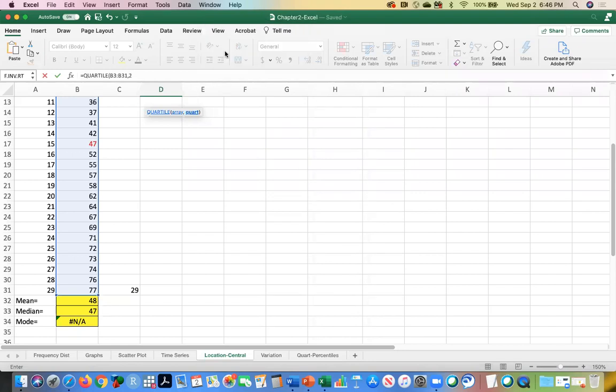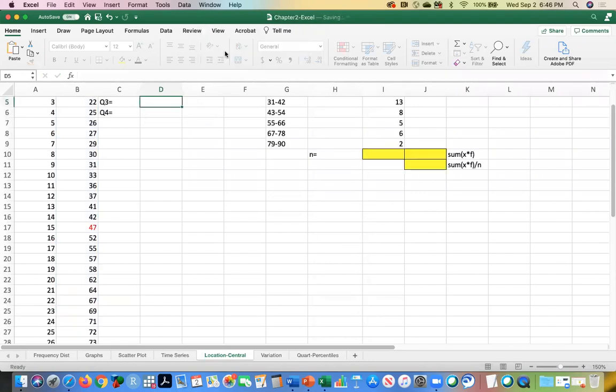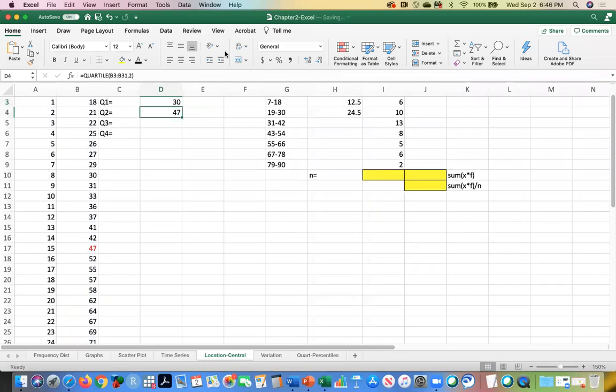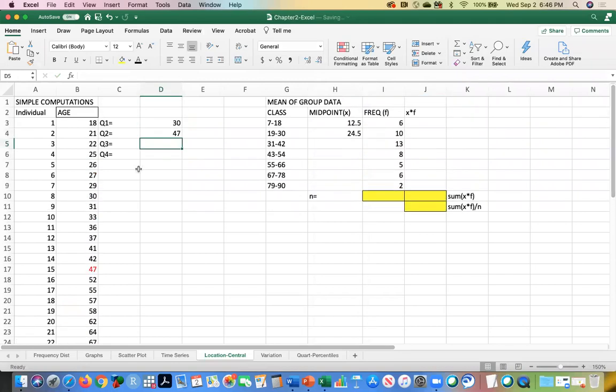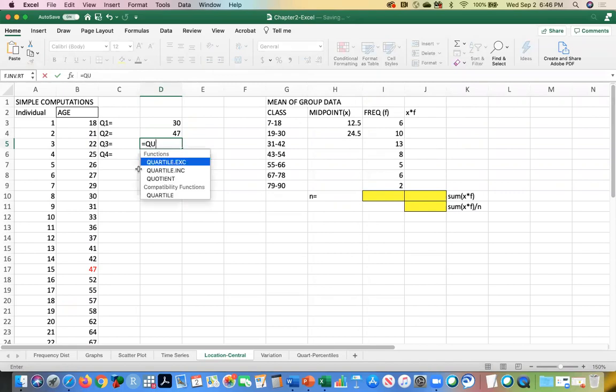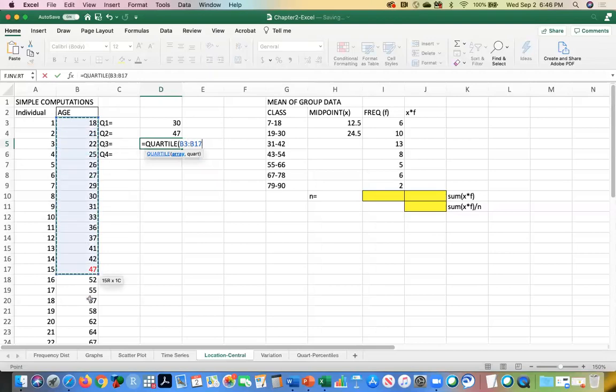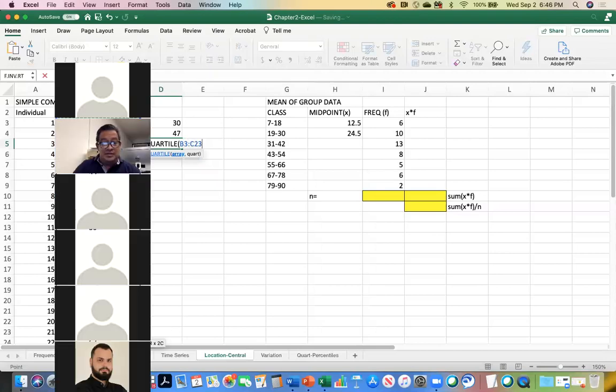So we close parentheses, and then we have quartile 1 and quartile 2. We also computed this with the median, so it's 47. So we are right. Now we are going to compute quartile 3, Q3, QUARTILE, open parentheses, once again.